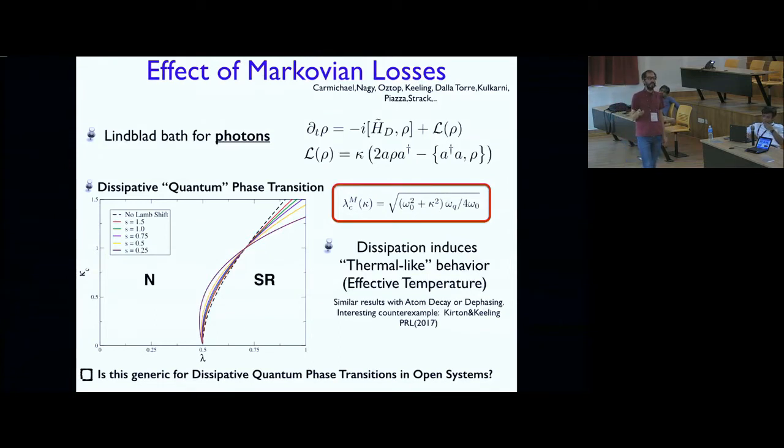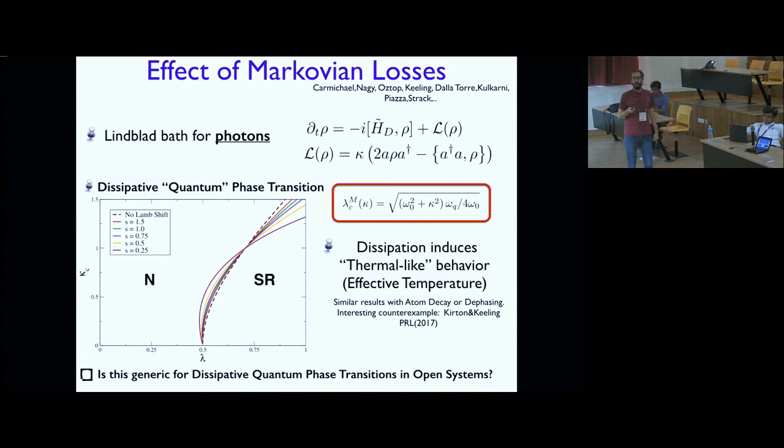The model still maintains this intrinsic phase transition, but if I now plot the phase diagram as a function of light-matter coupling and coupling to the bath, you'll see that there is still a normal and a superradiant phase, but this phase diagram looks very similar to what you would have at finite temperature. Indeed, there is even a sense in which you can quantify this by saying that the system develops some sort of effective temperature. So you see that if you increase the coupling to the bath, you essentially disorder your superradiant phase.